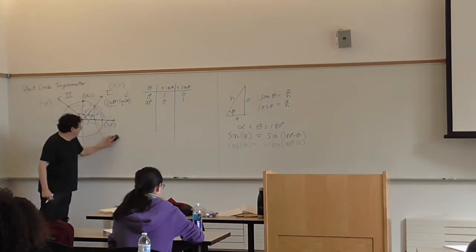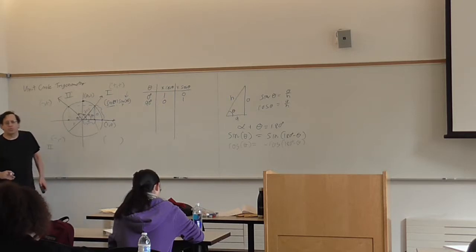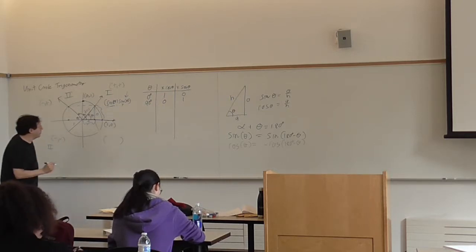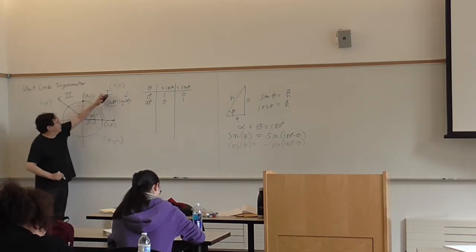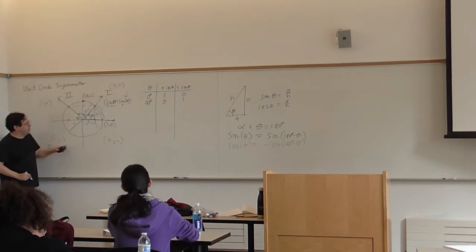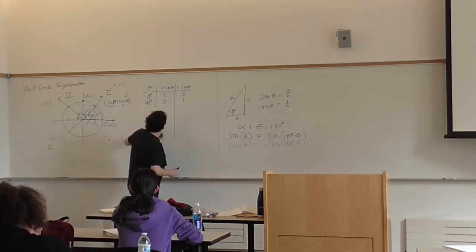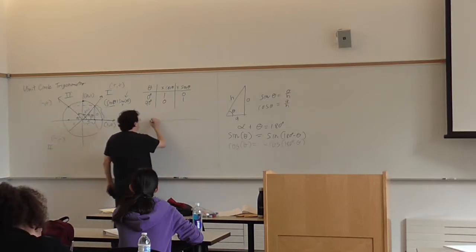And finally, over here in the fourth quadrant, what happens in the fourth quadrant? Positive, negative. Okay. Does everyone know what I'm talking about here? I'm talking about the sines and cosines. You need a kind of a chart for that.